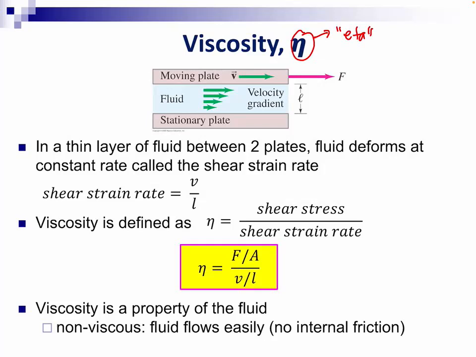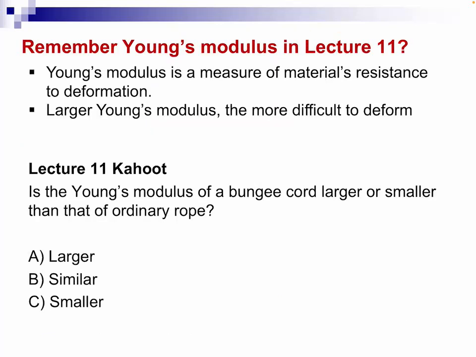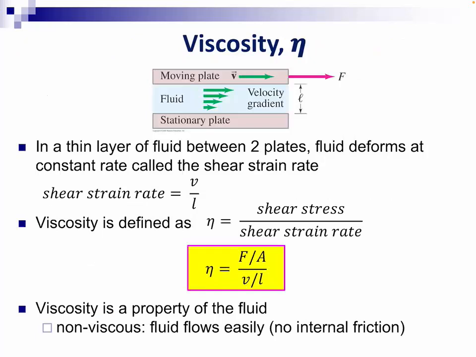If you remember, we talked about Young's modulus when we were talking about solids, and we said that Young's modulus is the measure of the material's resistance to deformation, and the larger the Young's modulus, the more difficult it is to deform the object. We looked at this example of the bungee cord. The bungee cord has a small Young's modulus because the bungee cord needs to stretch easily to avoid injury to the jumper.